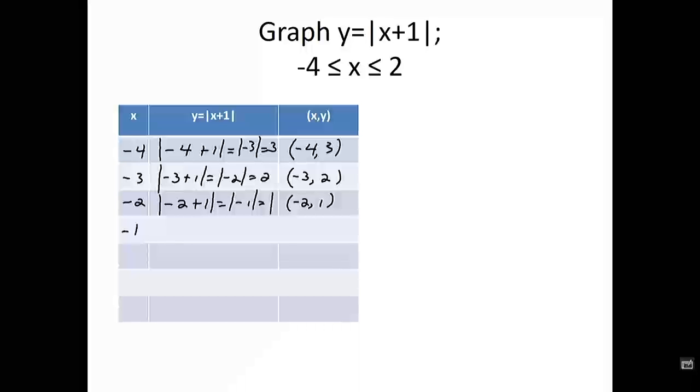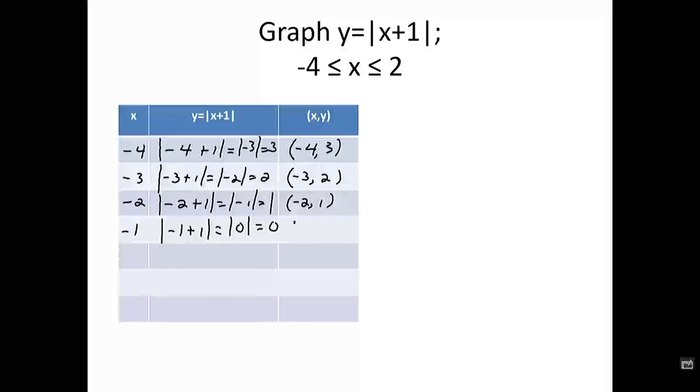Now the x value of -1. To find the corresponding y value, we have the absolute value of -1 plus 1. The absolute value of 0, -1 plus 1 is 0. The absolute value of 0 is 0.